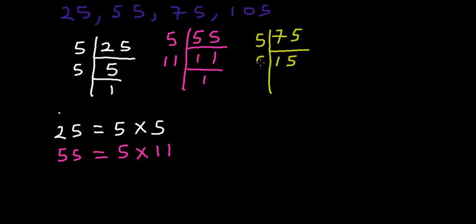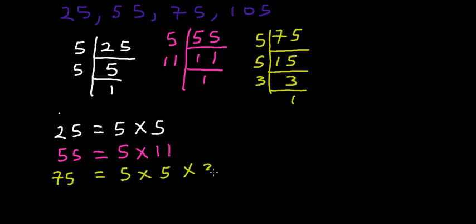Then 5 can still divide 15, which will give us 3. And the best option is now to go down to 3. 3 in 3 you get 1. So the prime factorization for 75 is 5 times 5 times 3.